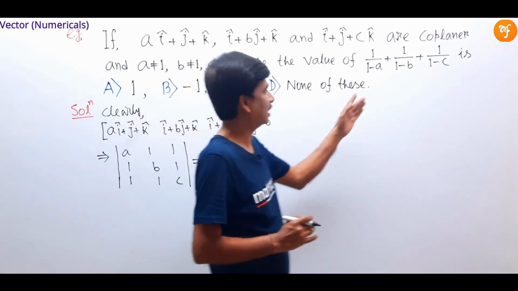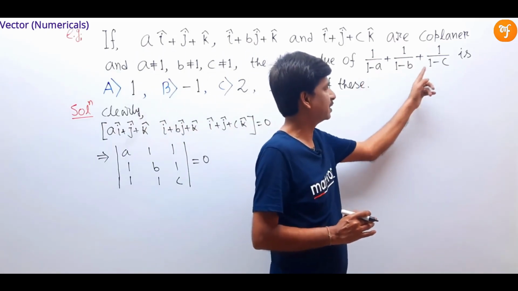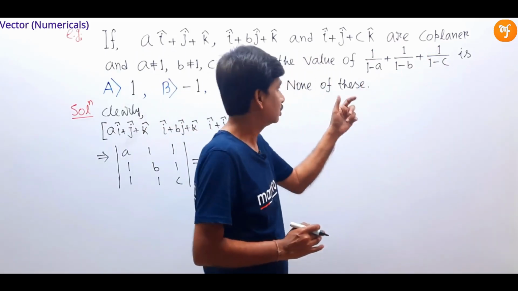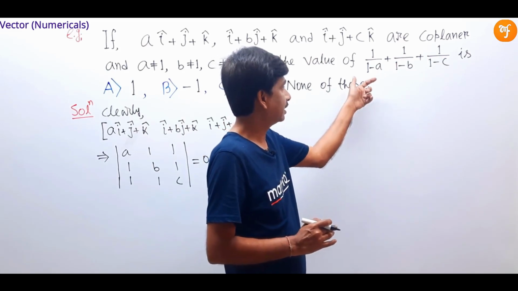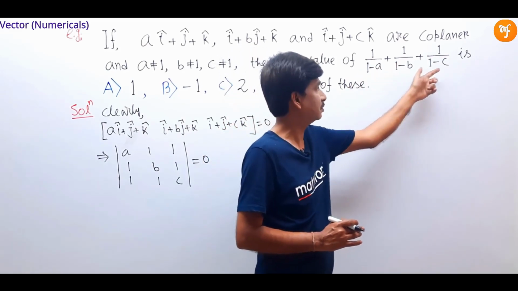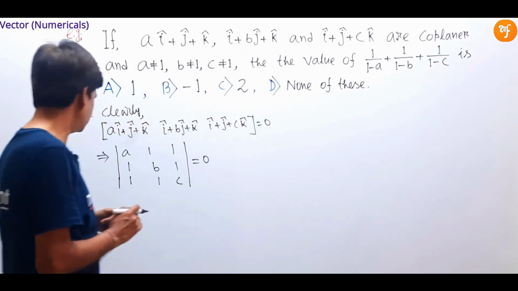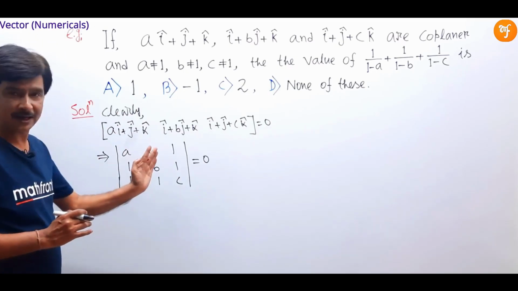As we have to find the value of 1 by 1 minus a plus 1 by 1 minus b plus 1 by 1 minus c, we'll try to bring the terms 1 minus a, 1 minus b, 1 minus c. Okay. So for this reason we can write in this way.